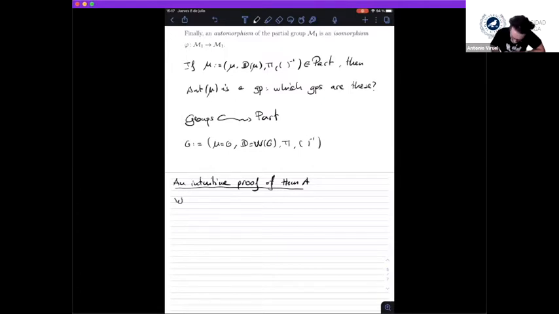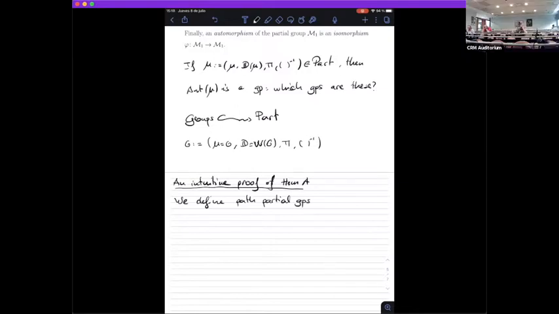So we define path partial groups. And I want you to keep in mind that idea of path algebras we already saw in Henning Krause's lecture.